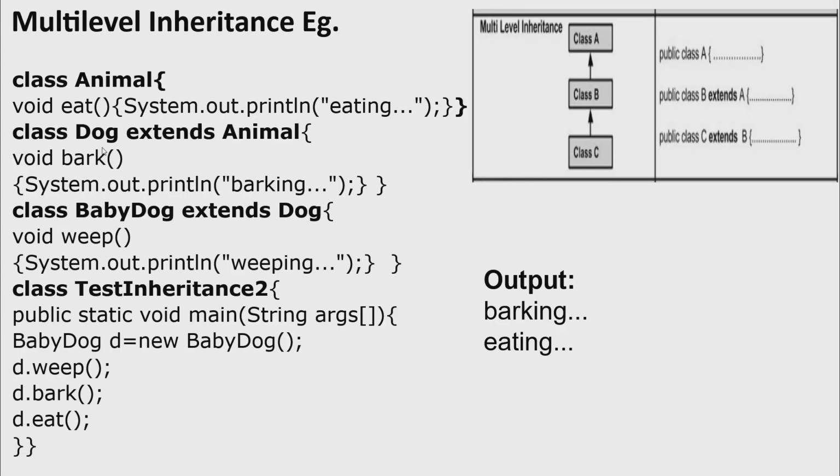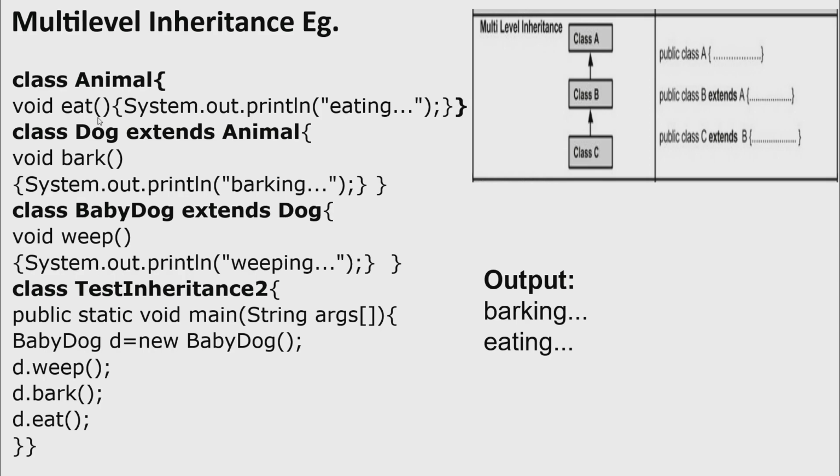So next one is multi-level inheritance. What is multi-level inheritance? It is called a chain of inheritance. We are deriving a class from a class which is already derived from another class. So class animal is the base class. Here I have created one method, void eat.